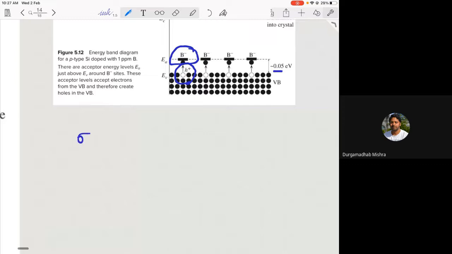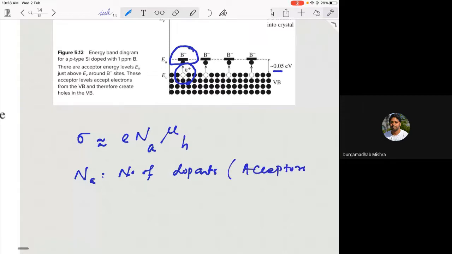In this case, your sigma will be e N_A mu_h, where N_A is the number of dopants, or here it is called acceptors. In the other case we called it a donor, and here we call it the number of acceptors, N_A.